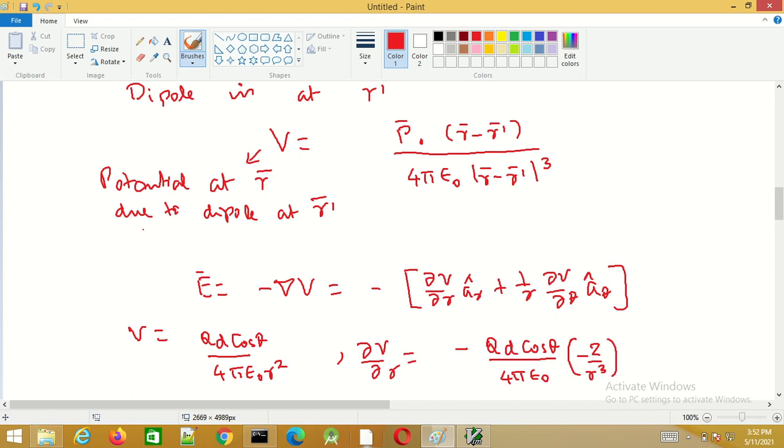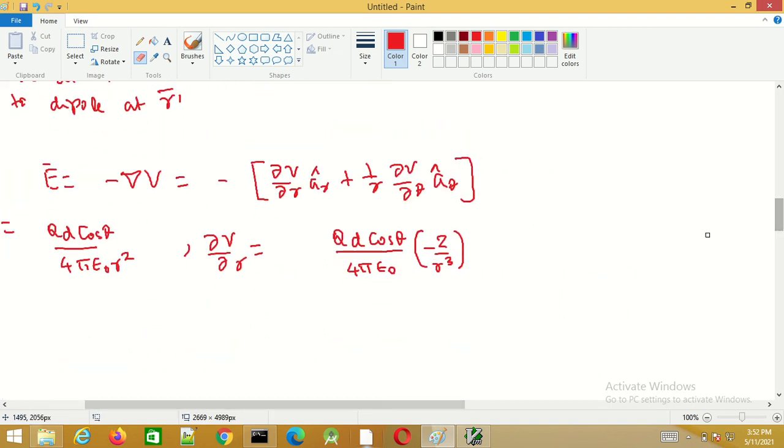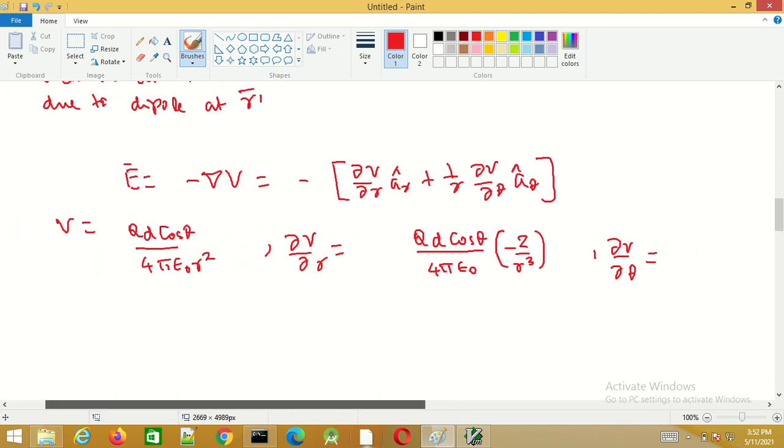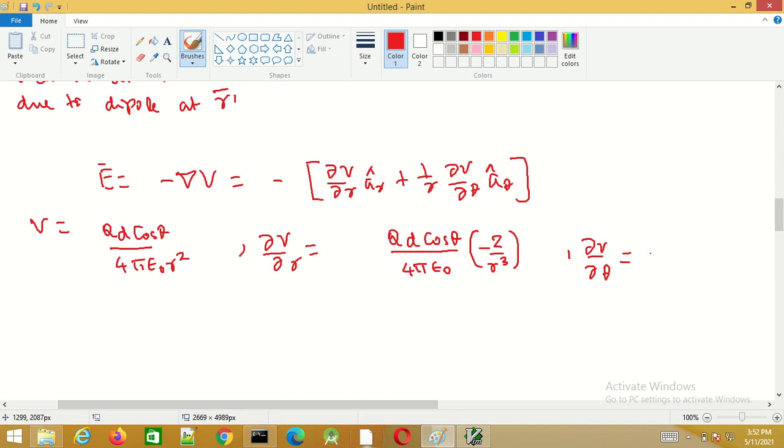So this minus we will write here. And dou V by dou theta is given by minus QD sin theta by 4 pi epsilon naught R square.